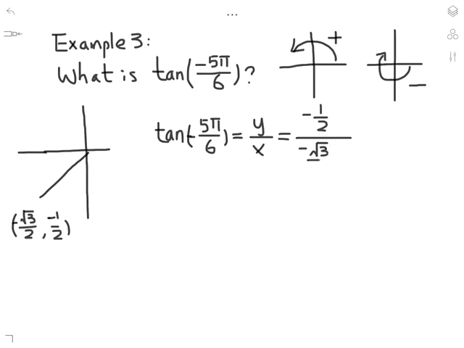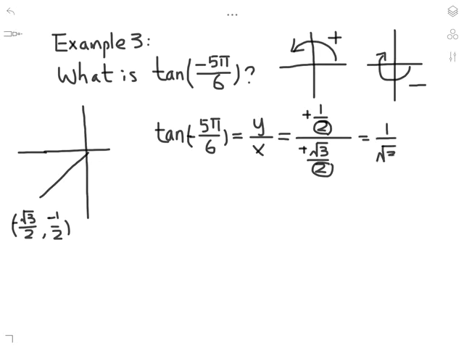Negative over negative becomes positive. And do you see that they have the same denominators, 2 and 2? So I can reduce them down to 1 over root 3.